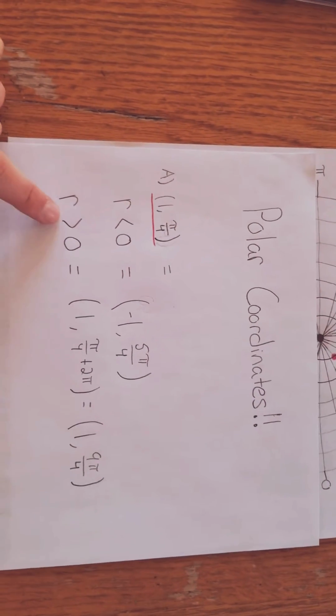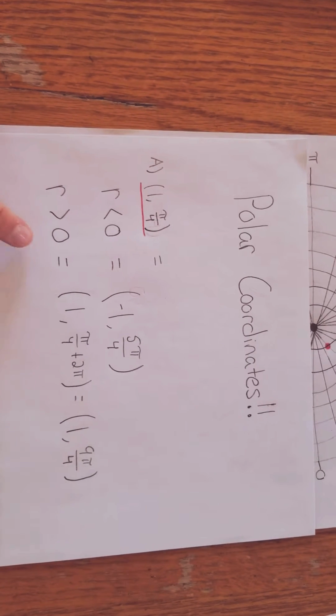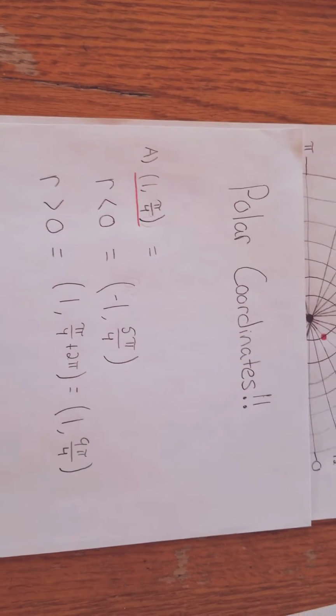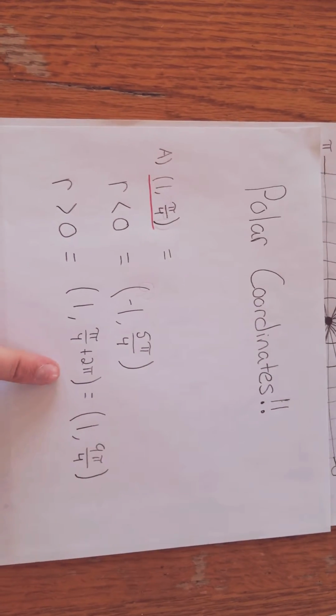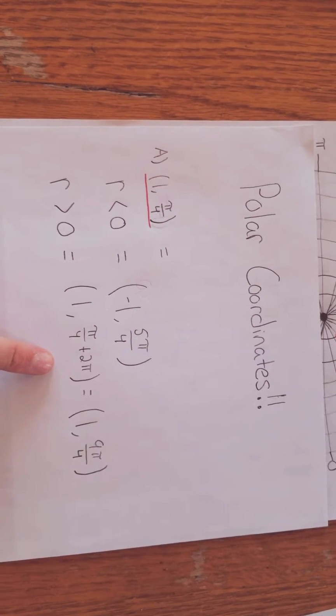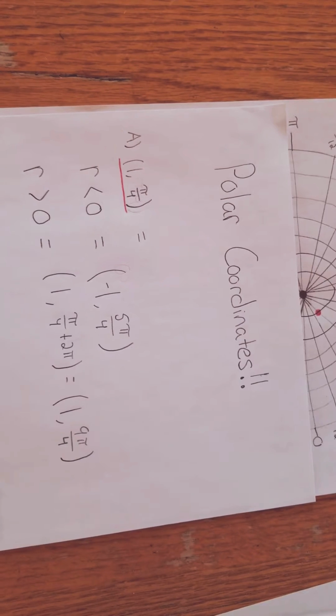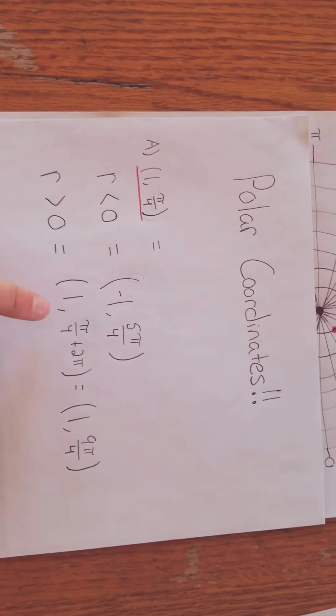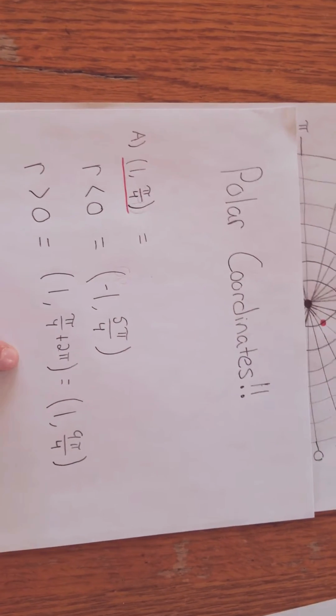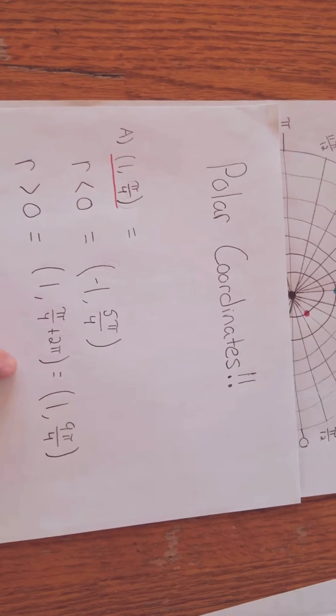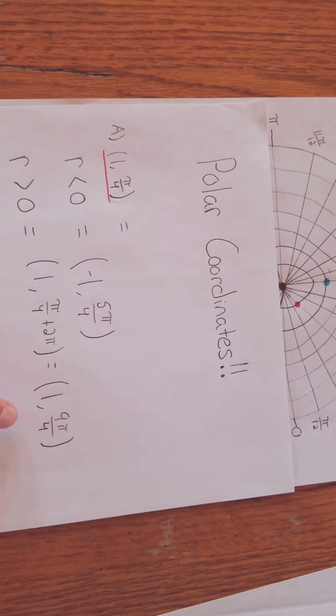Now for our other radius, which is greater than 0, we can also add 2 pi to theta to give us another positive answer. So here it's just 1 and then pi over 4 plus 2 pi to give us 1 and 9 pi over 4.